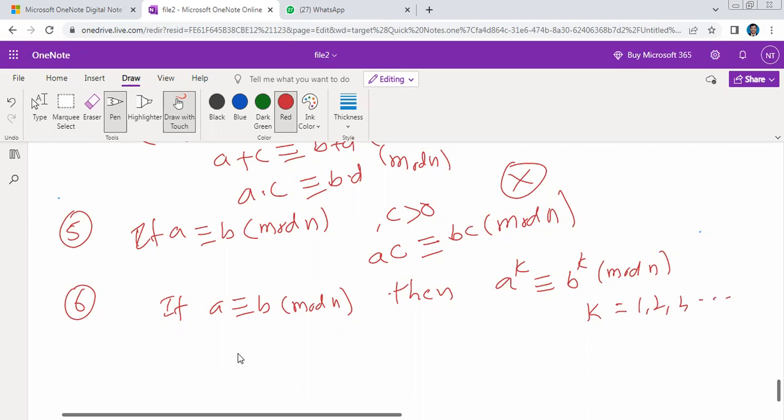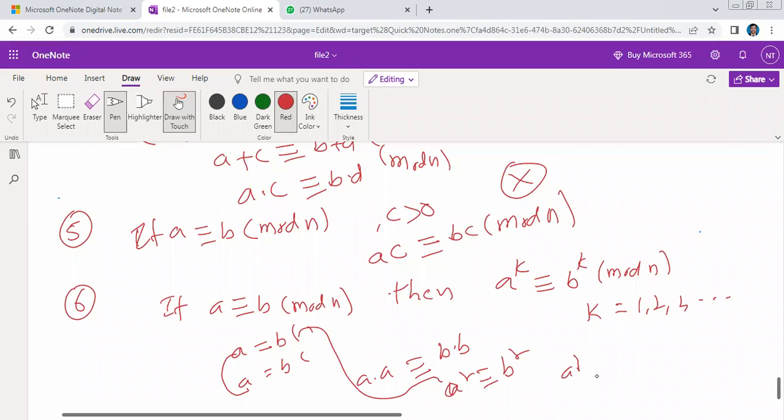A congruent to B modulo n, ఇంకోటి A congruent to B modulo n సేమ్ తీసుకున్నాం. అకార్డింగ్ టు ప్రీవియస్ ఫోర్త్ ప్రాపర్టీ, ఈ రెండింటిని మల్టిప్లై చేసినప్పుడు A into A congruent to B into B. Am I right? అప్పుడు A square congruent to B square modulo n. మళ్ళీ వాడాను అనుకోండి, A cube congruent to B cube modulo n. In general, A power K congruent to B power K modulo n, where K is equal to 1, 2, 3 like that. This is one of the properties.